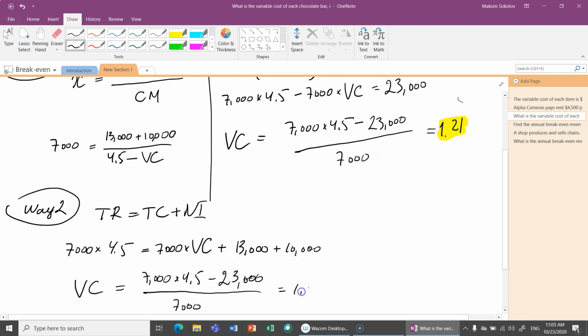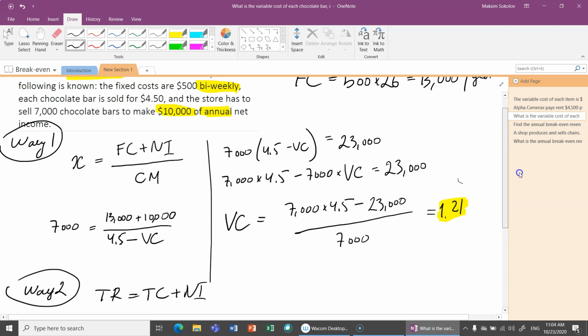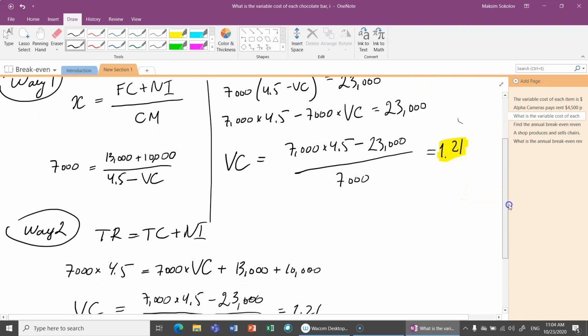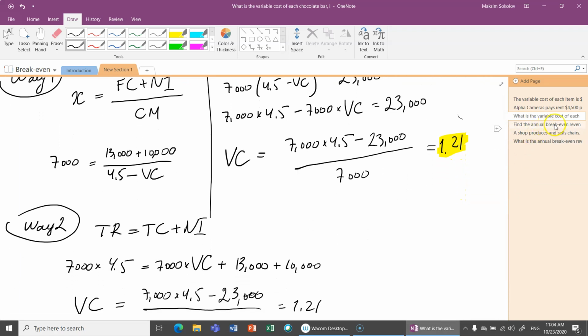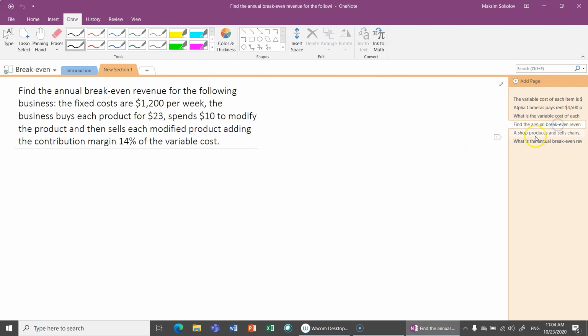So 1.21 is the variable cost. Again, this problem can be solved another way using that main relationship. You can select whatever way works better for you, but they are more or less equivalent in difficulty. Let's proceed to the next problem now.